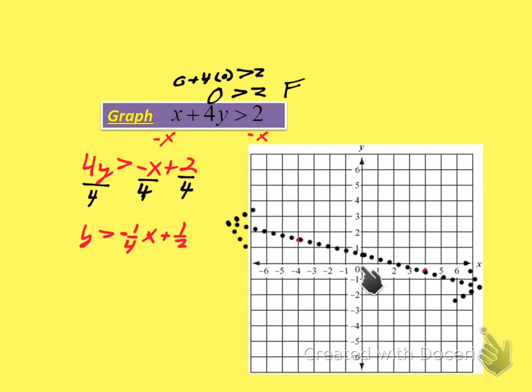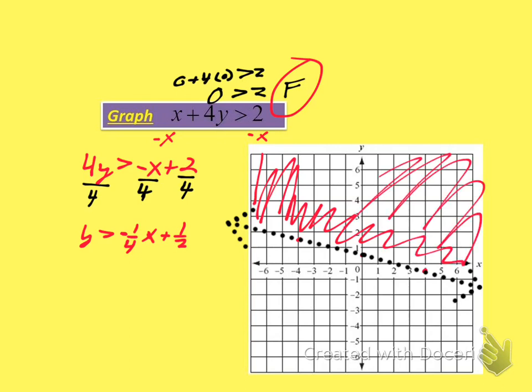So that means this point here is not part of your solution, which means this whole entire side is not part of your solution, which by default means this side is your solution. So instead of shading the bottom side towards 0, 0, we're going to shade the top side away from 0, 0.